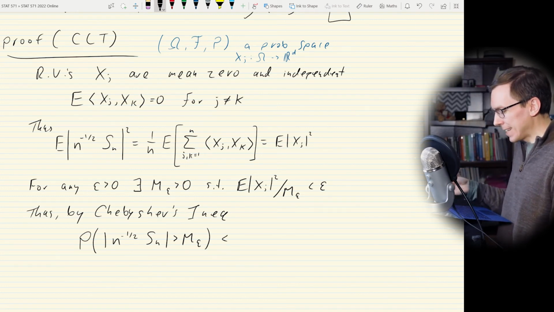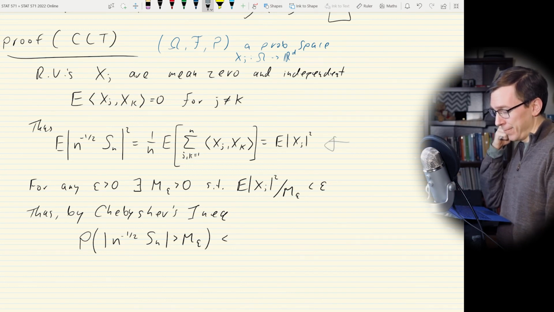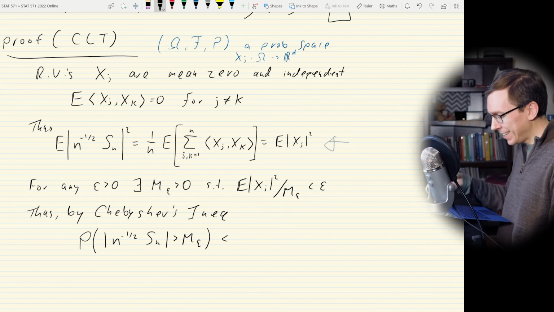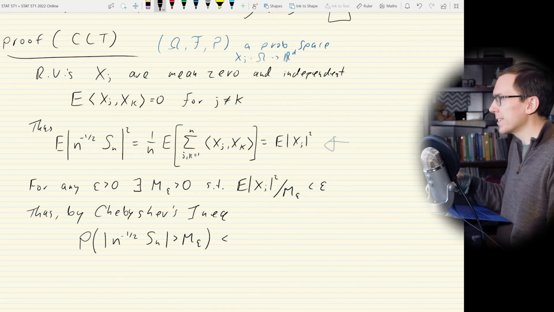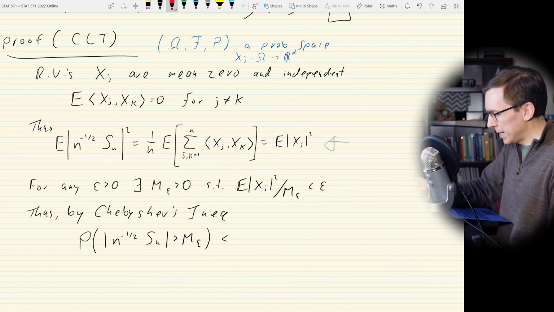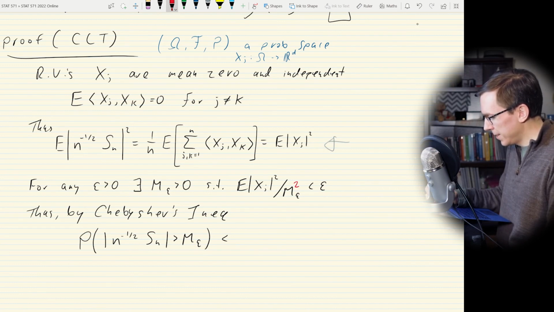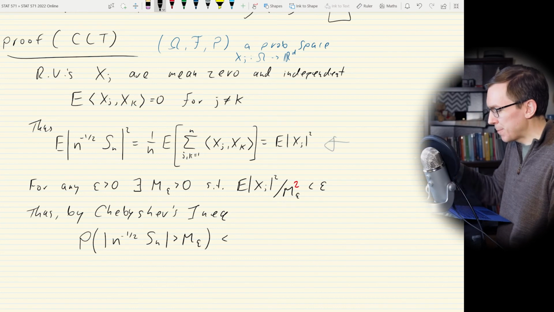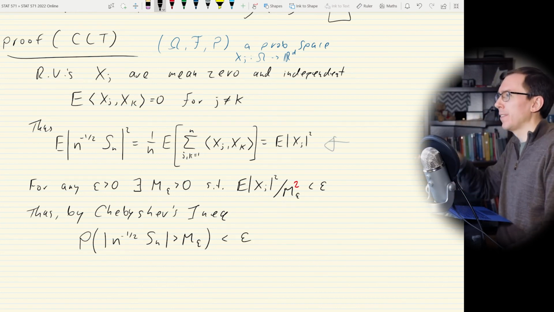If we use this line, it's going to be less than the second moment of X_j divided by M squared. It's supposed to be M squared, so that this whole thing becomes less than epsilon when you apply Chebyshev.